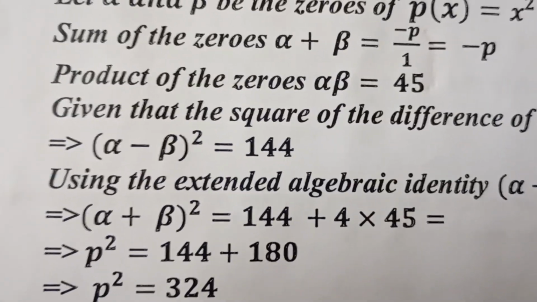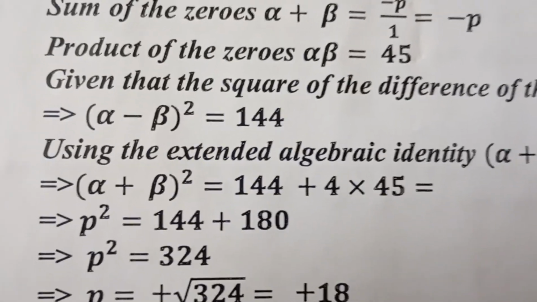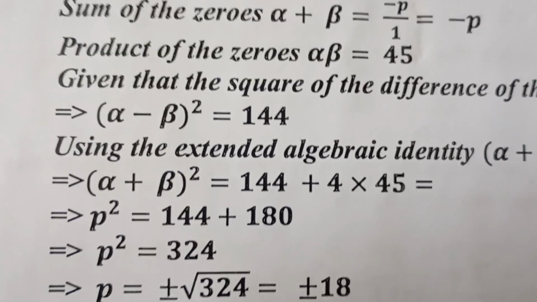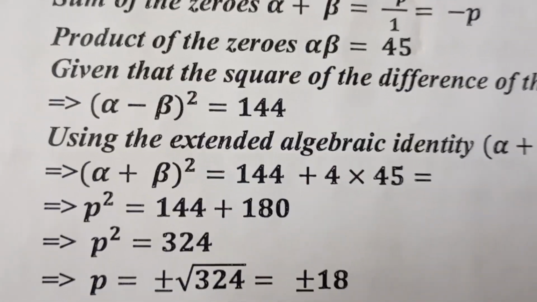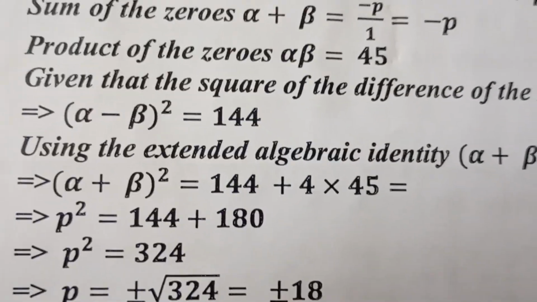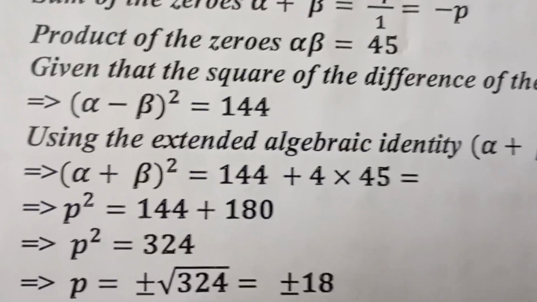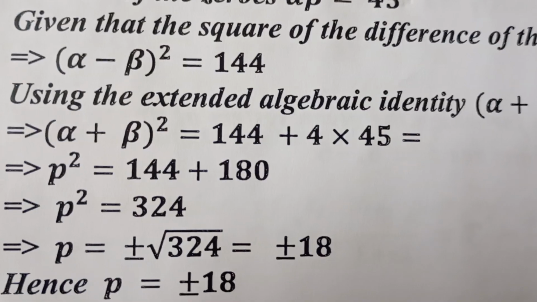Now 324 is a perfect square, so p is plus or minus the square root of 324, which is equal to plus or minus 18. And that's the answer. P is equal to plus or minus 18.